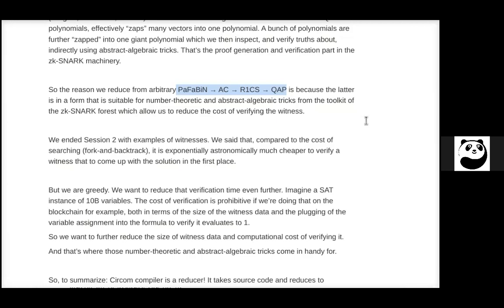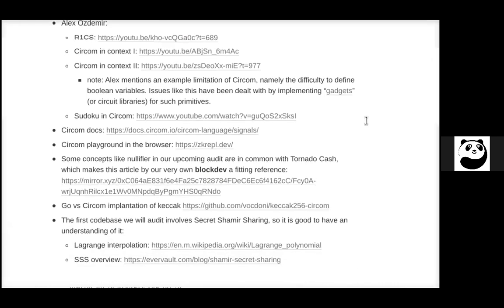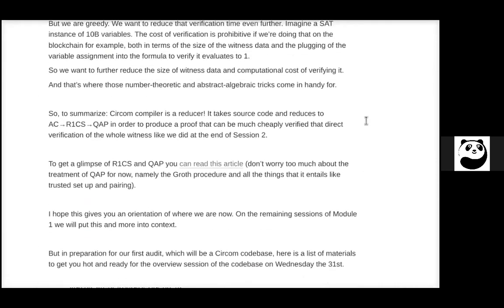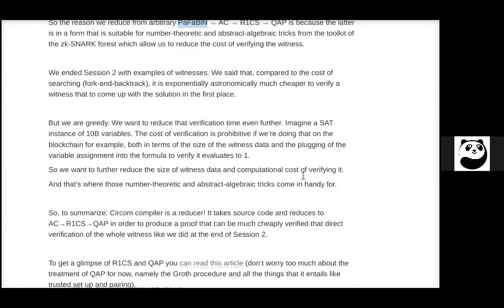For the sake of our audit, we don't have to cover that in detail, but you should be able to understand the entire machinery that goes from a source code, an intent that we expressed which has this property, all the way to a bunch of polynomials, and then the machinery underneath takes care of producing a proof which can be verified in the smart contract.